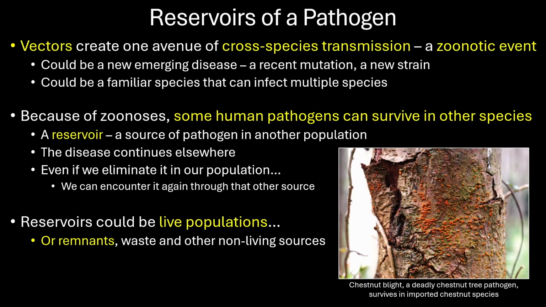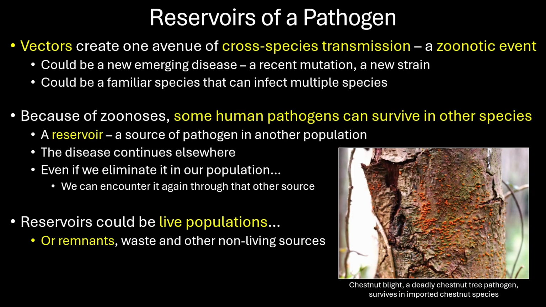Now, these cases could be an example of a new emerging disease where some new mutation, some new strain becomes effective at infecting a new group of organisms, some new collection of species. But it could also be a familiar species of pathogen that can just infect multiple species of hosts and jump between them.